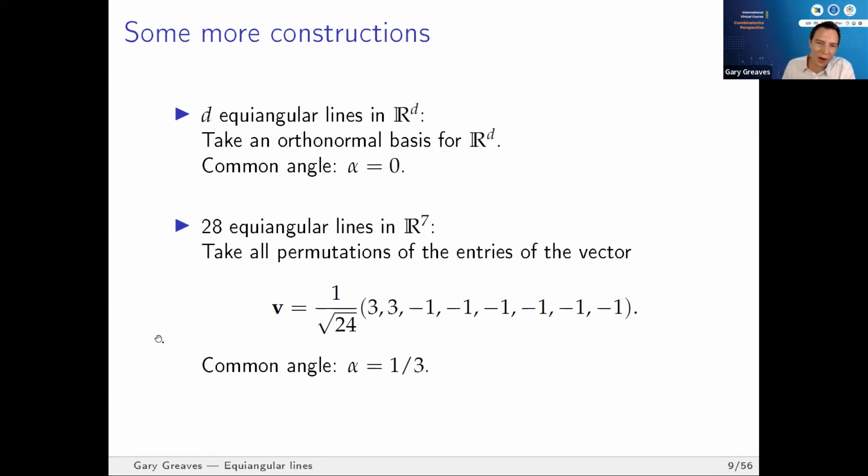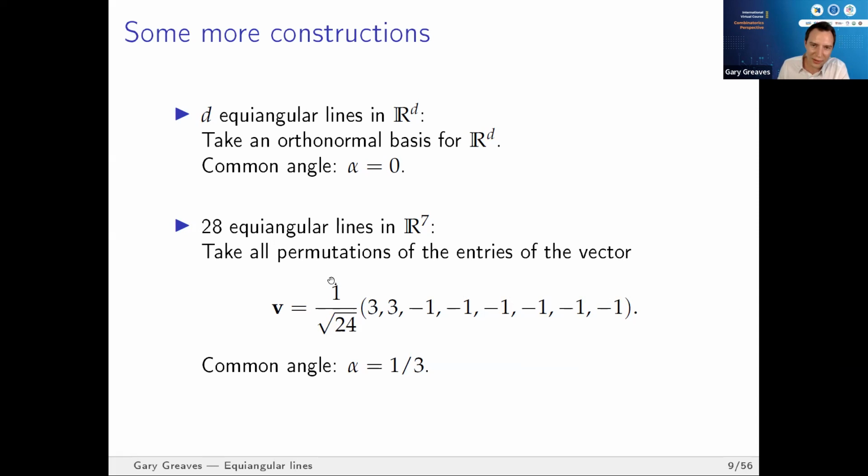Okay, and now another nice construction that I'd like to show you is how to get 28 equiangular lines in 7 dimensions. This also has some nice structure where you take a vector and then you permute the entries. To get 28 equiangular lines in 7 dimensions, you start off with this vector here. Say v is this vector 3, 3, and the rest are -1s.